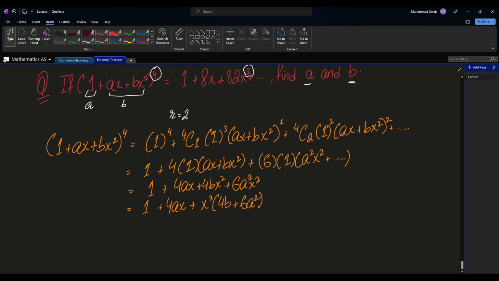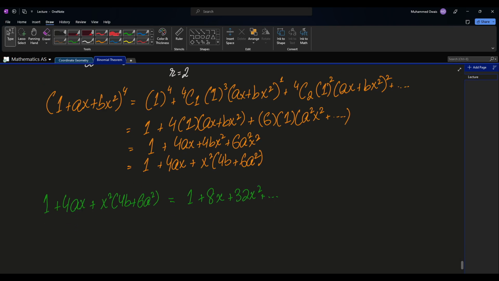And now we can just solve this by comparing both of these. So what we have to do here is firstly write this as 1 plus 4ax plus x square into (4b plus 6a square), and this is comparable to 1 plus 8x plus 32x square, and that's it.